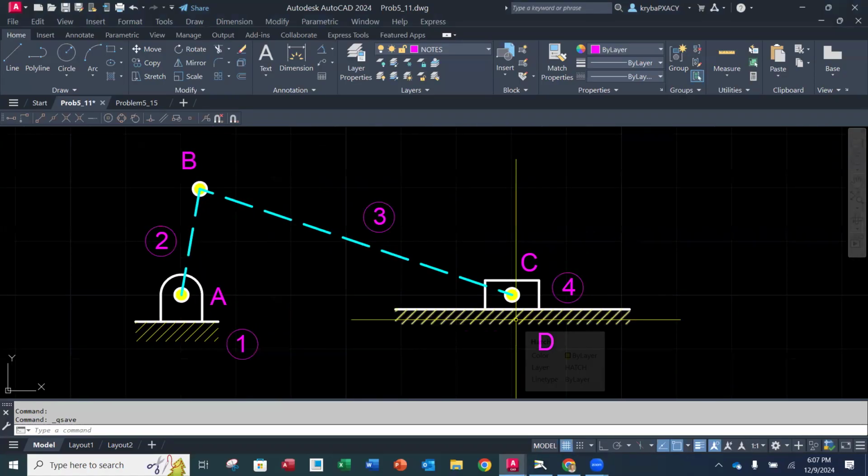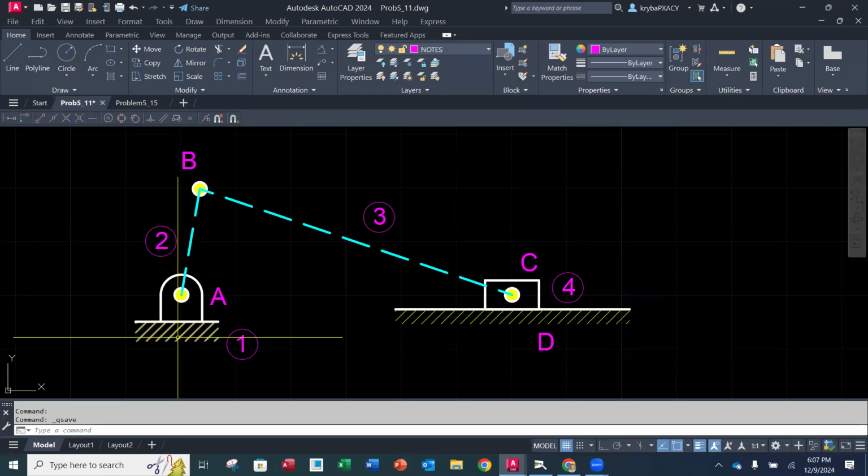So first of all, this is in kind of a random spot around the crank revolution. This is going to be our 4-bar mechanism. So we've got our frame, our crank, connecting rod, and then we have the slider. Notice that we have all the standard labels. 1 is the frame, 2 is the crank, 3 is our connecting rod, and 4 is going to be our slider.